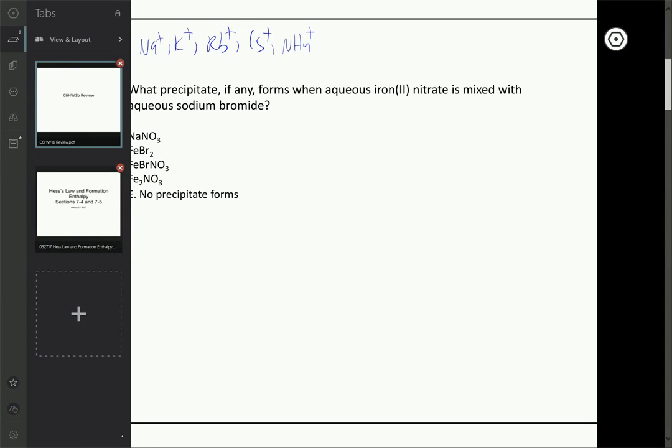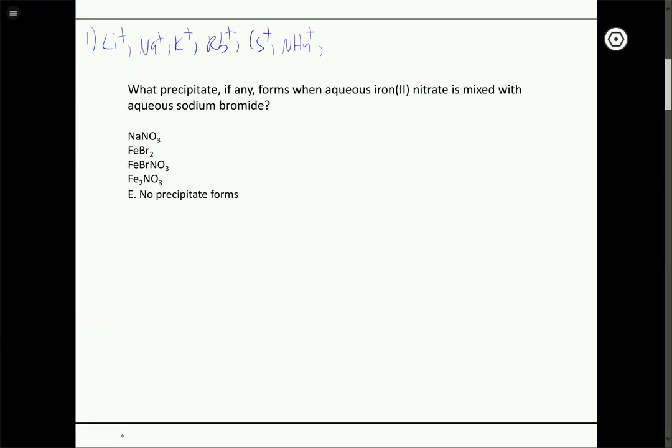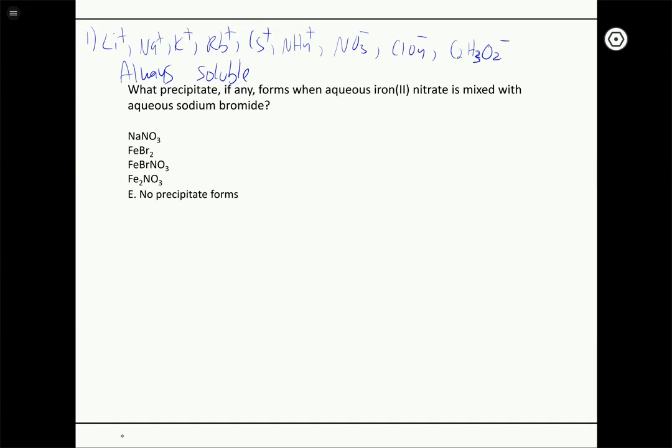Or if you have the anions, which are going to be NO3 minus, nitrate, ClO4 minus, which is perchlorate, or acetate, which can be written as C2H3O2 minus. If you have any of these cations or anions or both, these will always be soluble, and this rule supersedes all of the rest. Any compound that has one of these cations or one of these anions in it is going to be soluble.